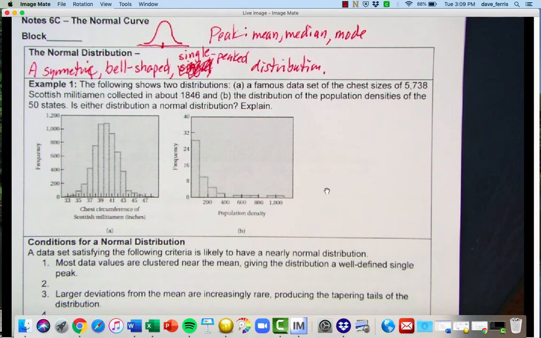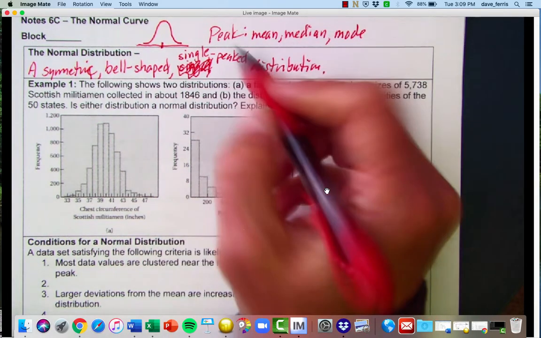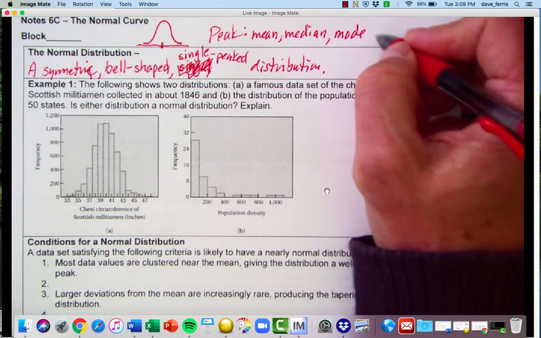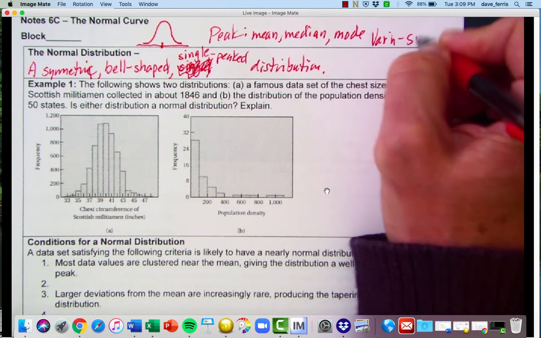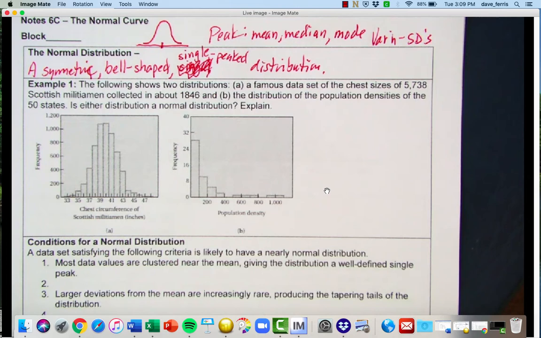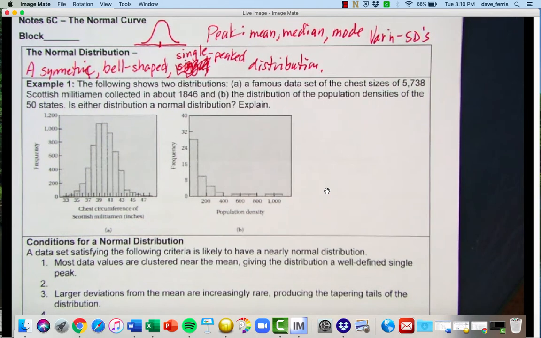So you've really got a very specialized distribution. It's not just symmetric and bell-shaped and single peak, but that peak also represents all three of those. And then the variation is measured in standard deviations. We're going to talk a lot about standard deviations, which was a previous lesson. Hopefully you remember how to calculate that.